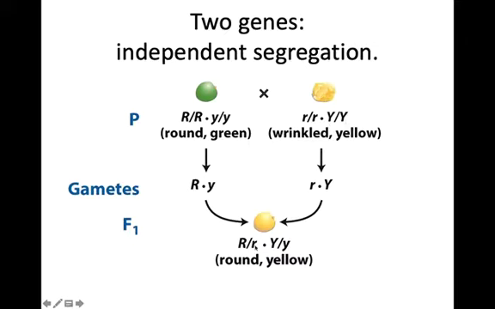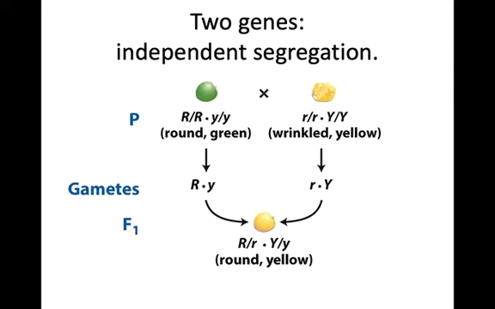And because big R is dominant, we end up with a round pea bearing plant, and it's also yellow, all right? But both the round locus and the yellow locus are heterozygous. So what happens in the next generation?